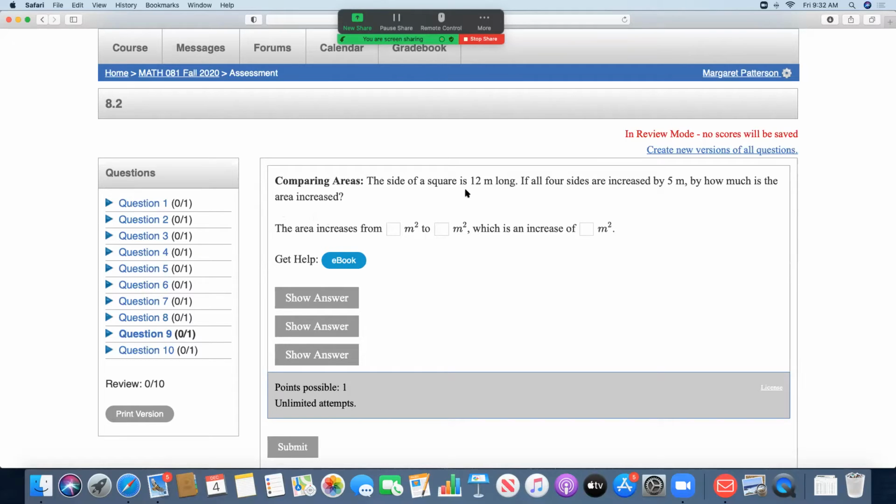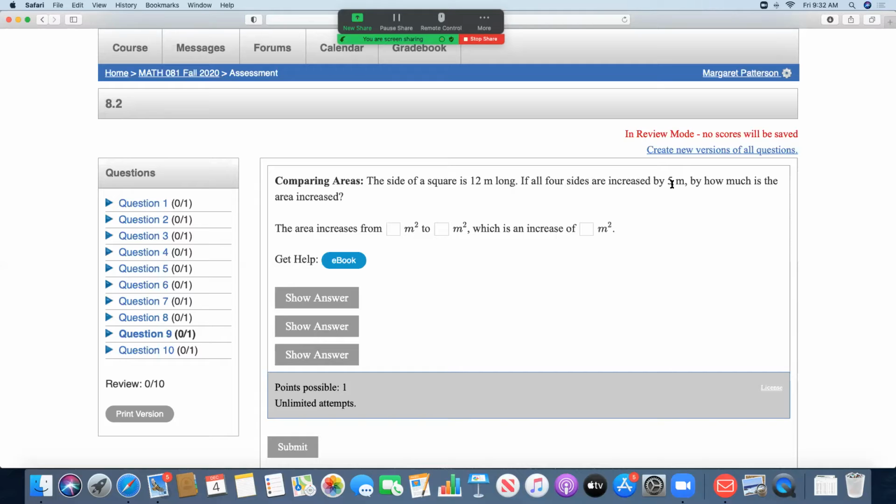But now I'm going to make another square. And they're adding 5. So what would the side be if they added 5 to the sides? From 12 to 5 more? 17. 17 it is. So it's 17 by 17.